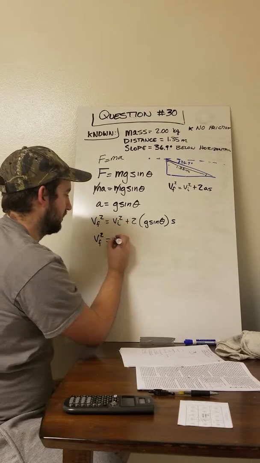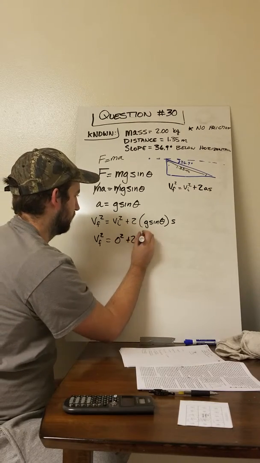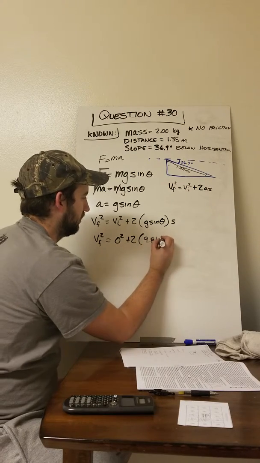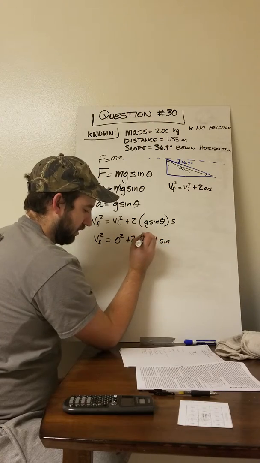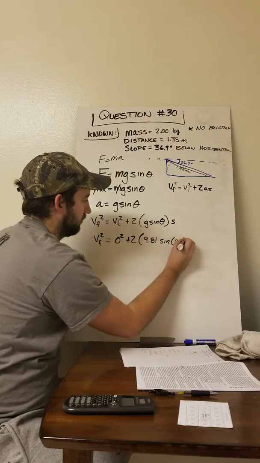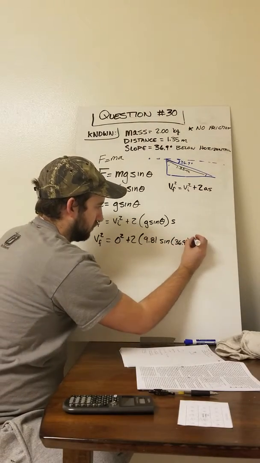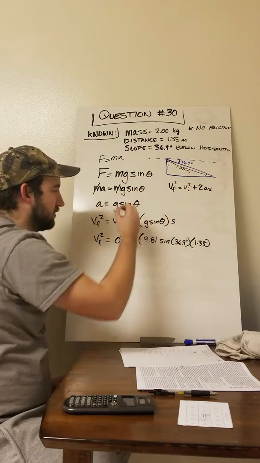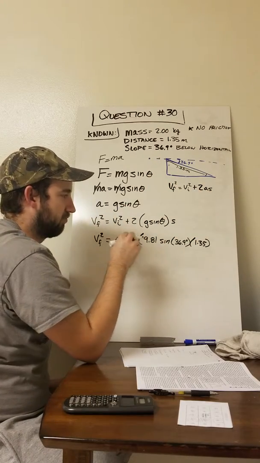The initial velocity is 0, so 0 squared is just 0, plus 2 times gravity, 9.81, times sine of 36.9 degrees, times that displacement that this block is moving, which is 1.35 meters.